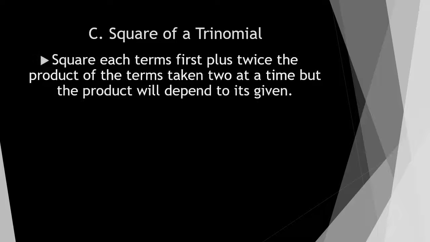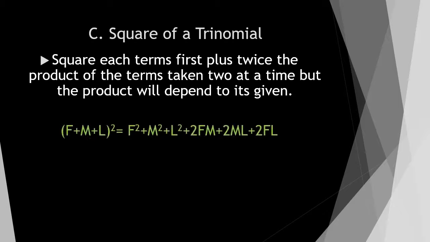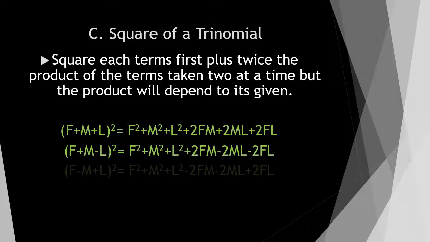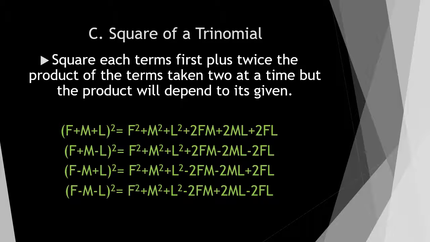Now let's proceed to our third special product. We have the square of a trinomial, with the definition of square each term first plus twice the product of the terms taken two at a time, but the product will depend on what is given.